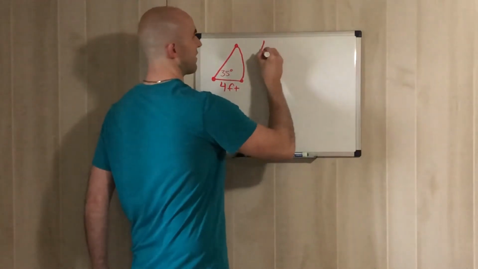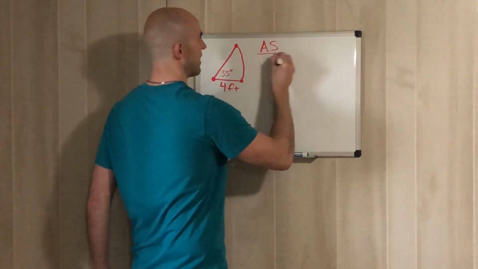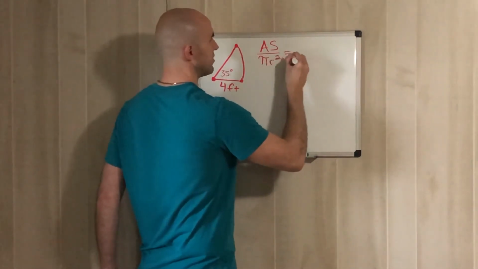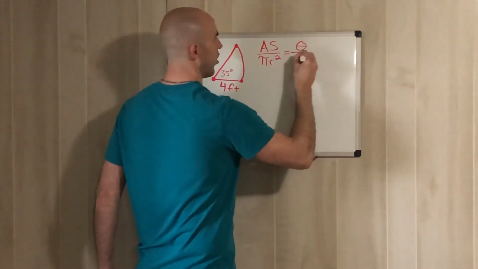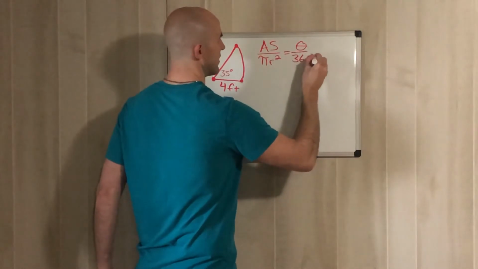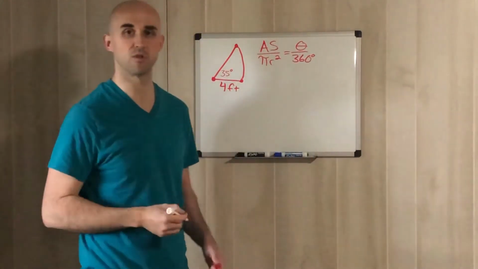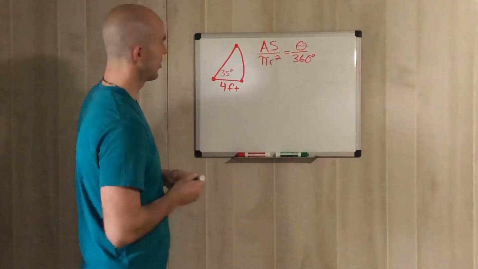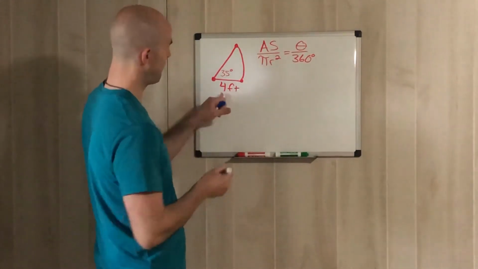So to figure out area of the sector, use the formula again. AS over pi r squared equals theta over 360. And again, it's just substituting everything that we know. So the first thing we know is that the radius is going to be 4.